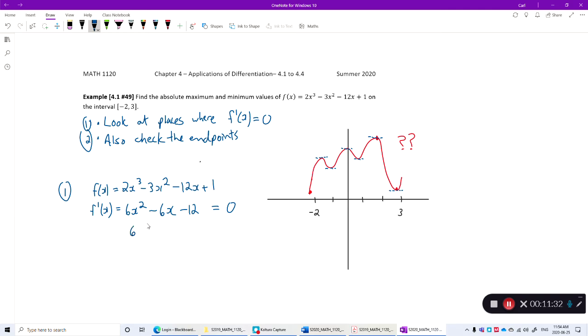And then I'll find the places where the tangent is flat. So let's see, I can actually factor out a 6 here. And I can divide by 6. So let's see, can I factor this? x minus 2, x plus 1, that will do it. So there are 2 places.